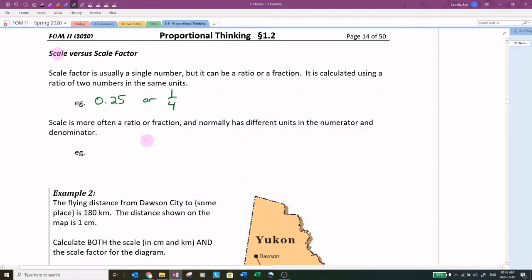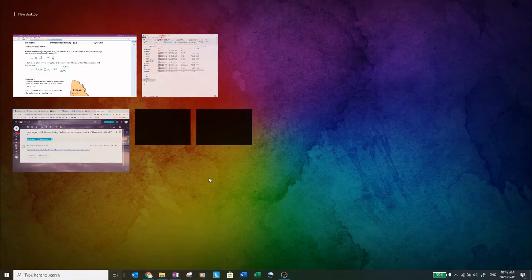So for example, I can write it as a ratio of, this would be a different one, 1 centimeter to 2 meters. Or I could write that as 1 centimeter over 2 meters. So what it means is that 1 centimeter on your scale drawing, for example, equals 2 meters on your actual item, okay?